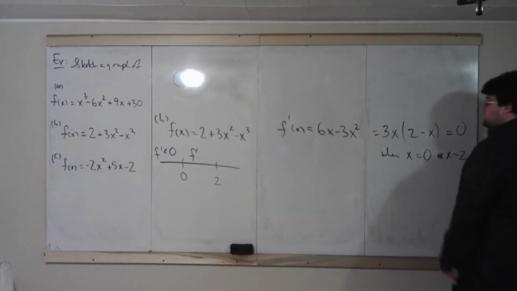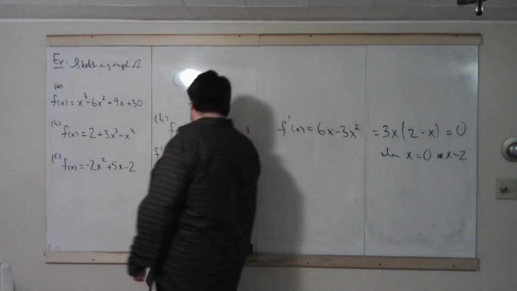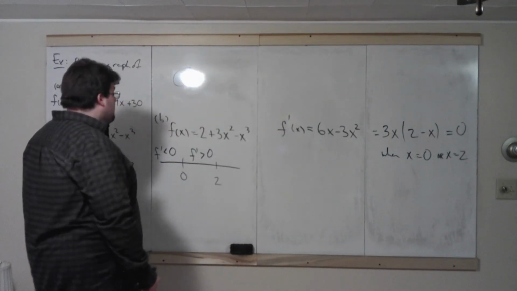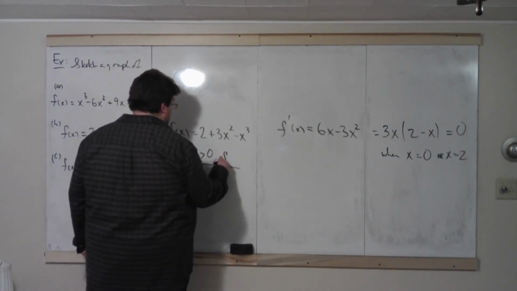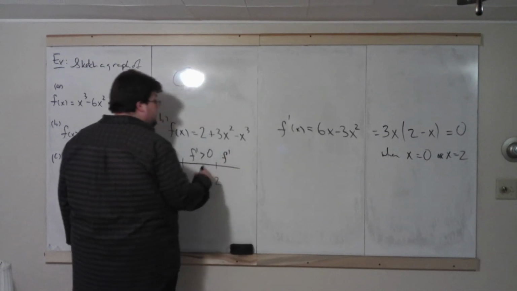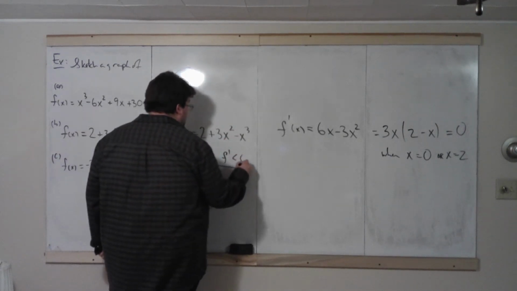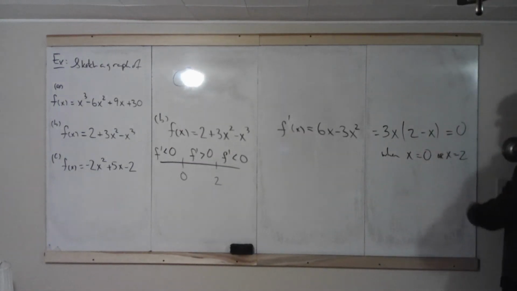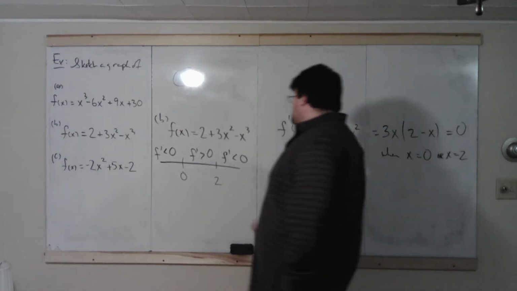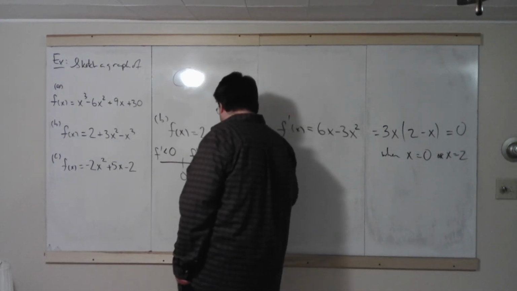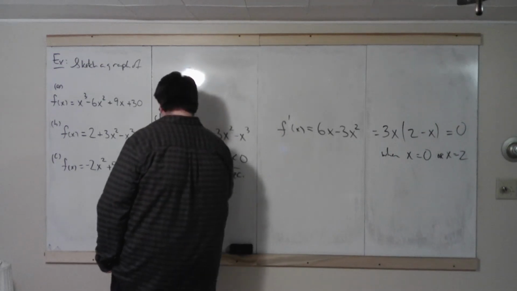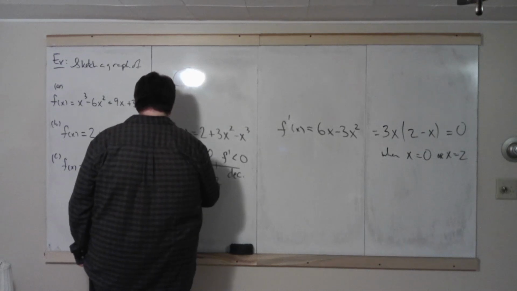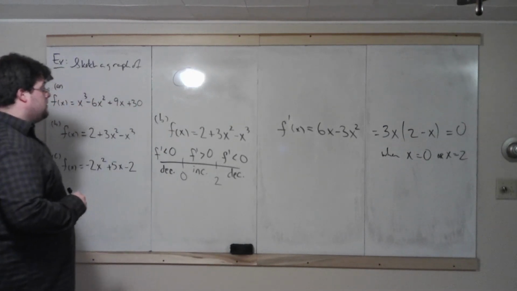Positive times a positive, which is positive. F prime over here at, say, 3. At 3, you have a positive times a negative, which is a negative. So the function is decreasing over here, it's increasing in here, and it's decreasing over there.